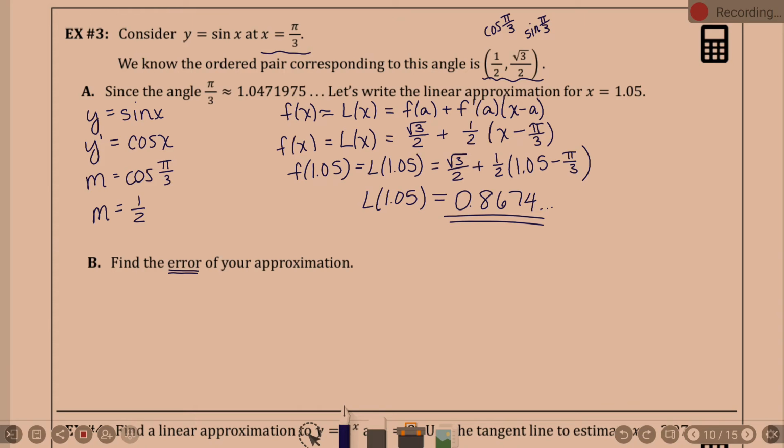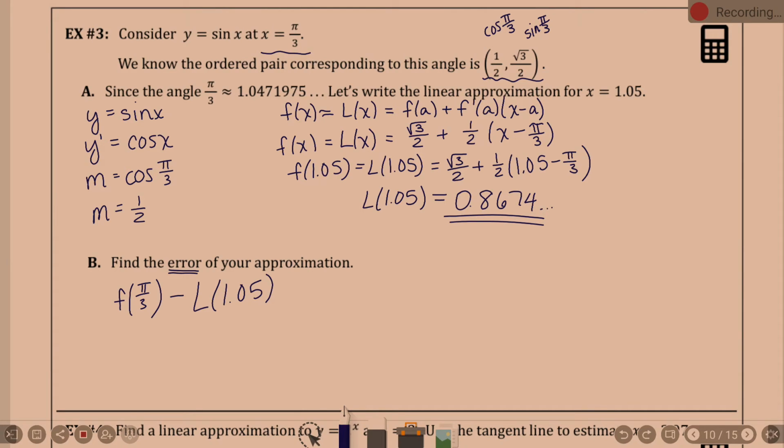Okay. So we're taking the original f at pi over 3 minus what we found, which is the linear approximation at 1.05.